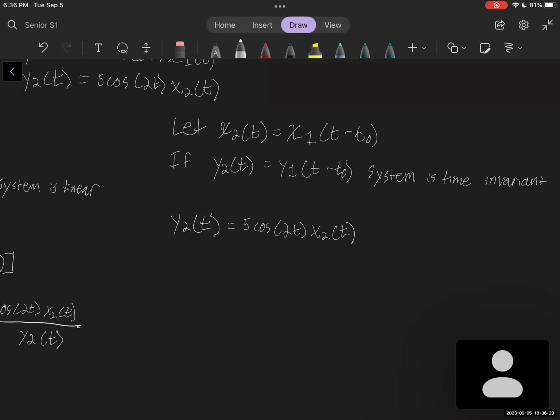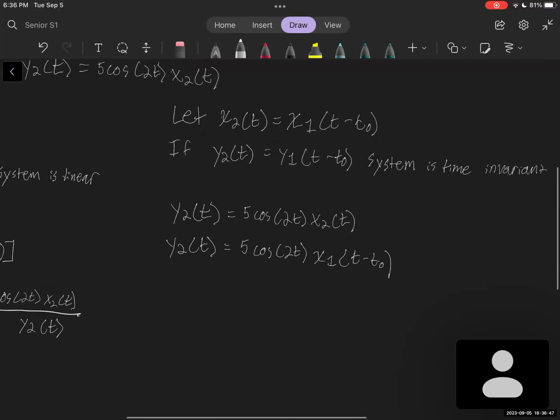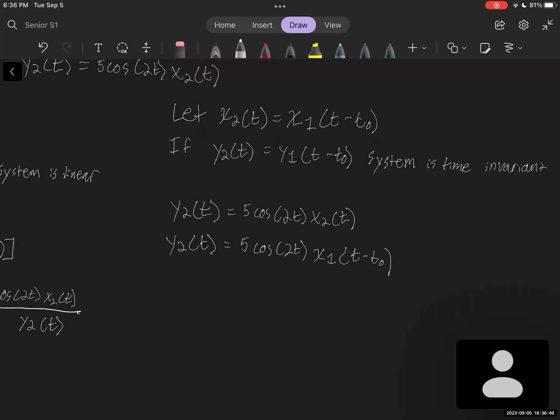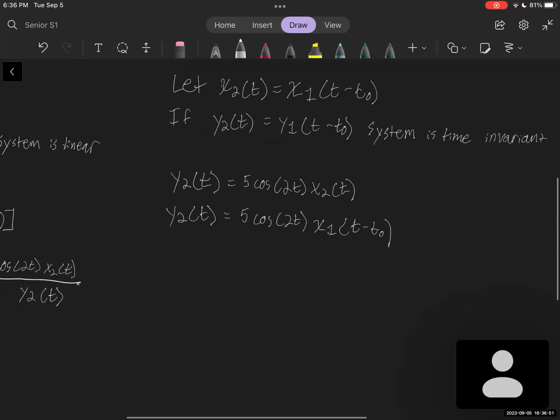So we can substitute that in for x2 of t, and we get y2 of t is equal to 5 cosine of 2t x1 of t minus t naught. So now we have our y2 value.